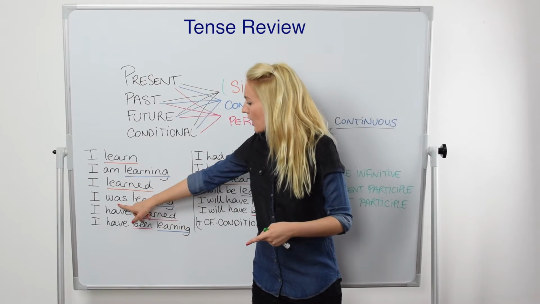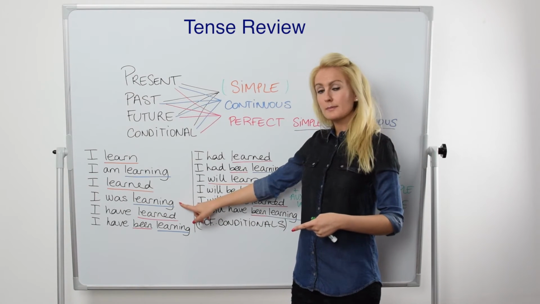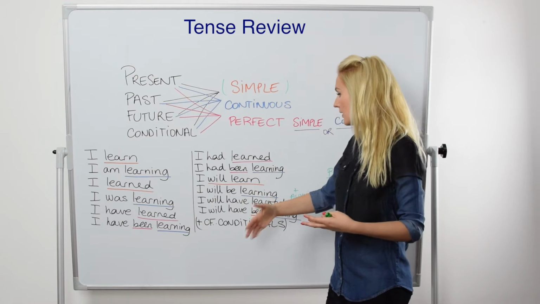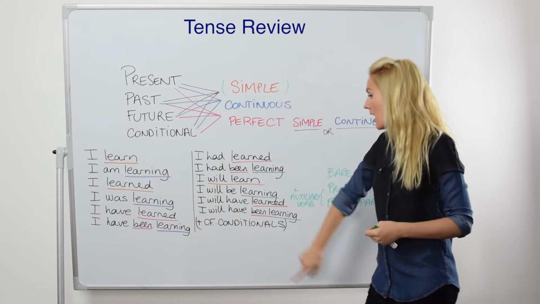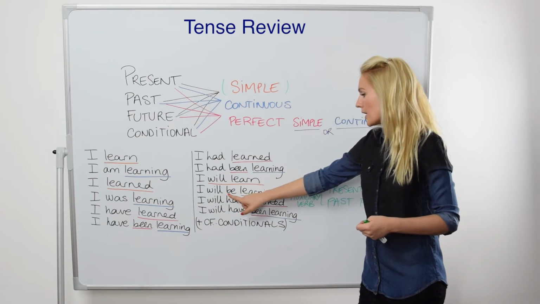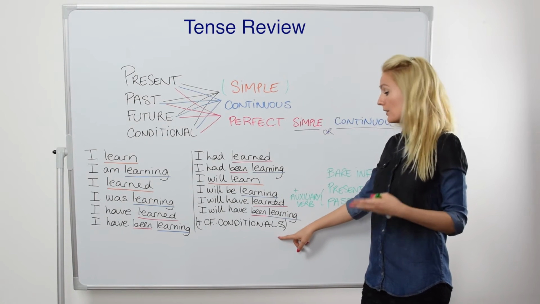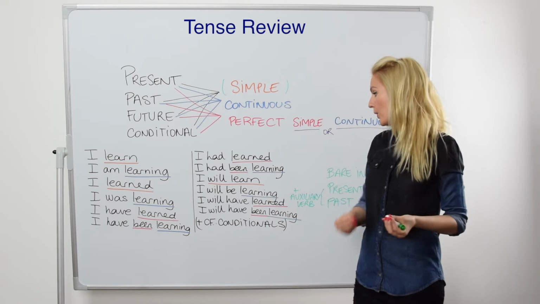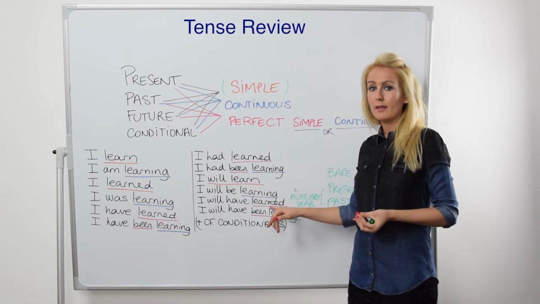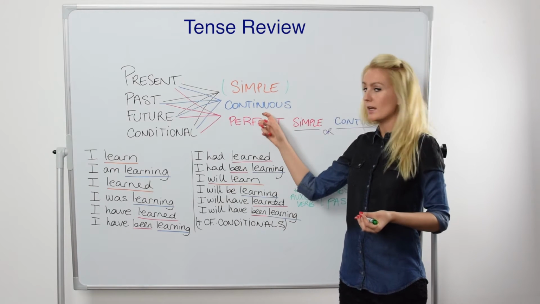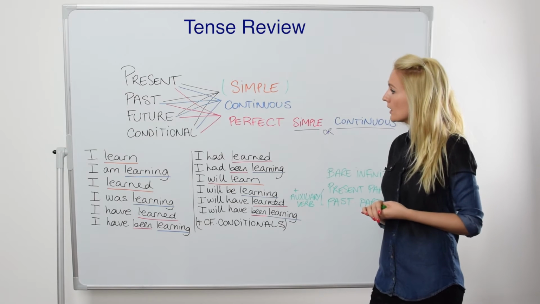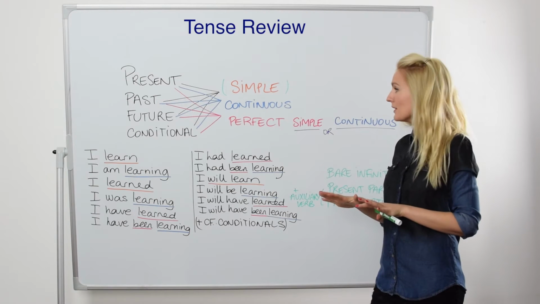This is a past continuous, or past progressive. I'm skipping this one deliberately. This is a future continuous, and a continuous conditional would be I would be learning. That would be our conditional continuous. So, I hope I'm not going too fast.